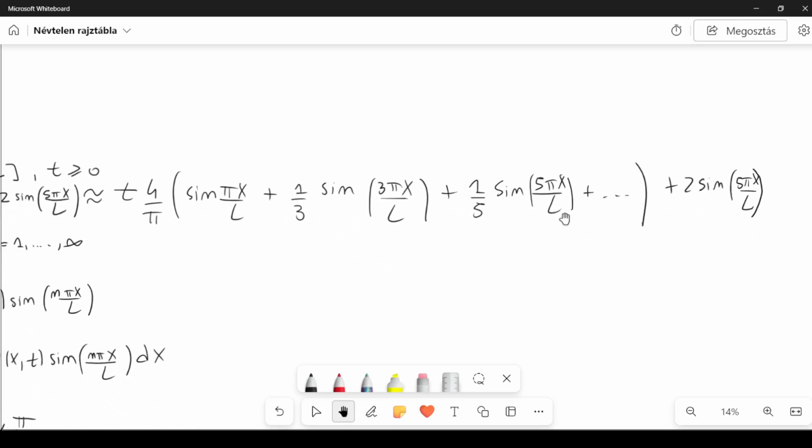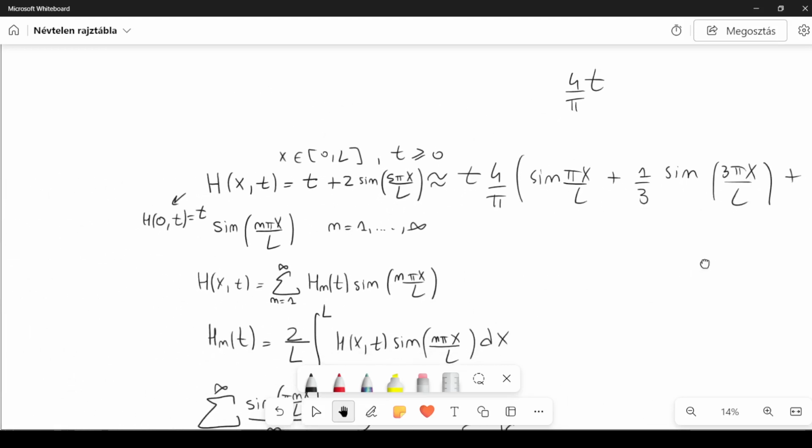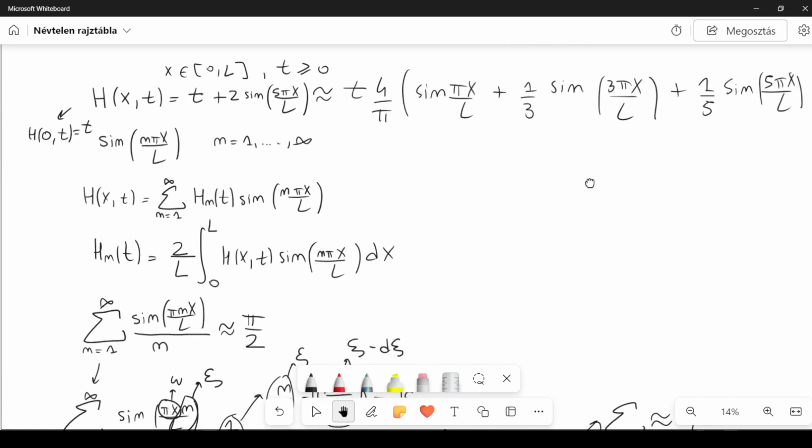Now you get also the series from here, because the coefficient that multiplies sine of pi x over L is the first coefficient, and we have 4 over pi times t from here, right? Then we have the other coefficients.